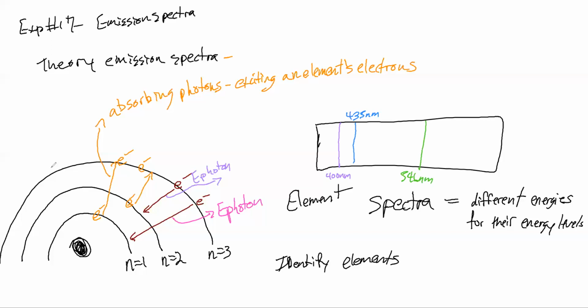And it might even have a last one in the yellow, which is about 579 nanometers, right? So it's got 4 different lines that we can see, and each of those lines corresponds with a transition. So this is an electron transition. And so we have that difference in their processes.